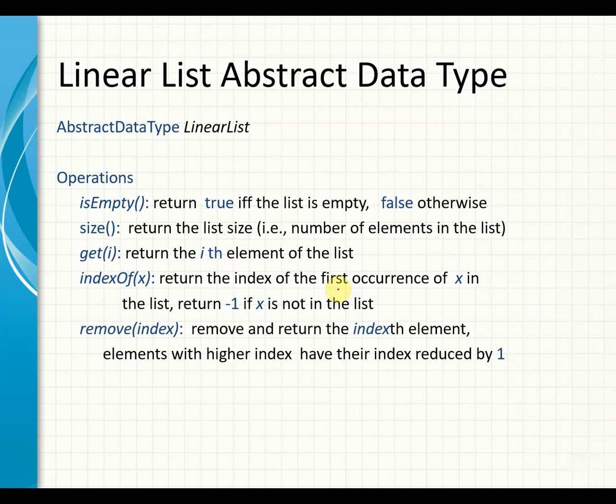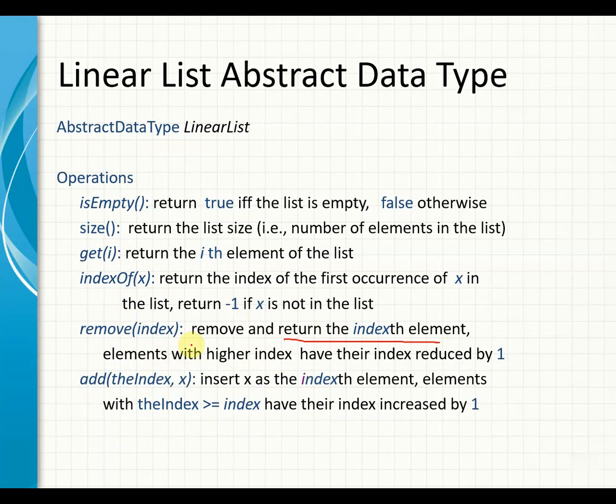We can also remove an element by an index, and you have to take note that it not only removes an element, but it also returns the element inside this node. The index will be reduced by 1 for the elements with higher indexes.